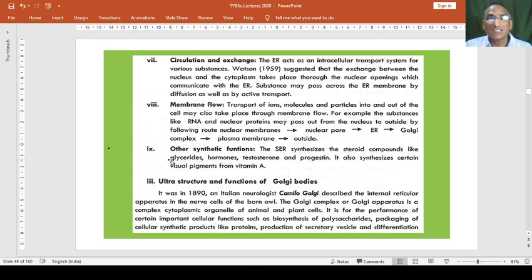Many types of hormones are either protein or fat material, and these are synthesized by the smooth endoplasmic reticulum. In addition, it also synthesizes certain visual pigments from vitamin A. So this one is a peculiar and rare function.